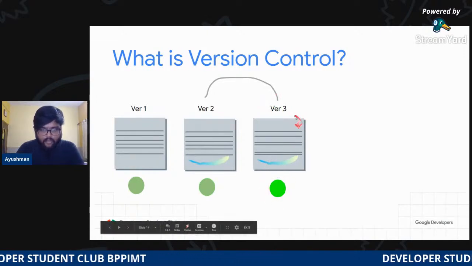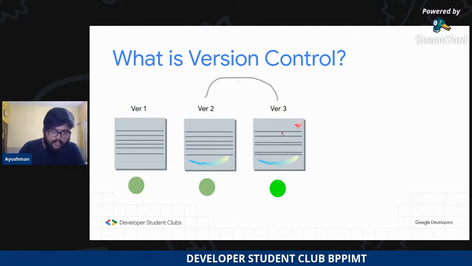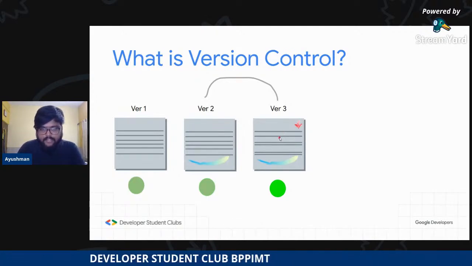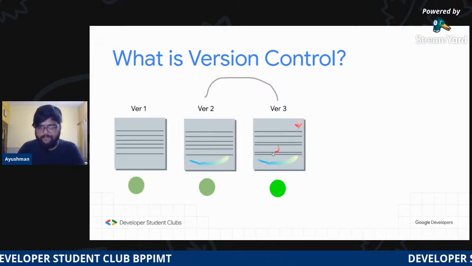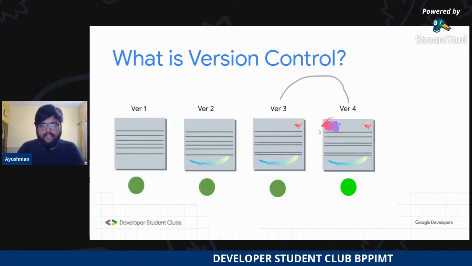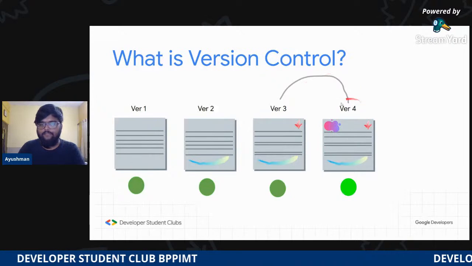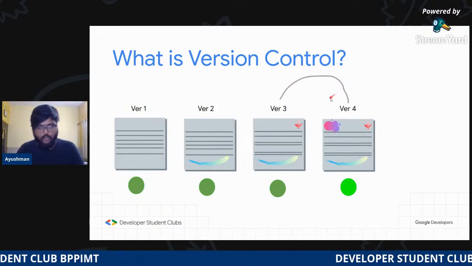I added a small logo and added some space between the lines. This is version 3 of my poster. Suppose I add this particular artwork to this poster, and I get version 4 of this poster. Cool.